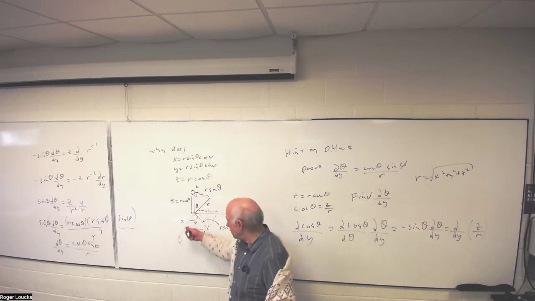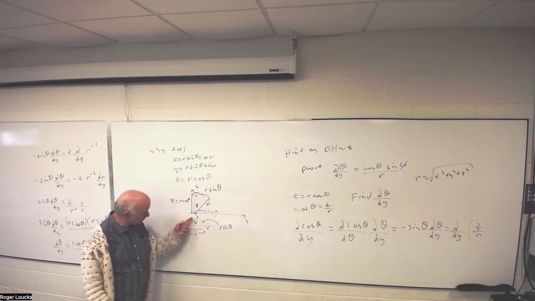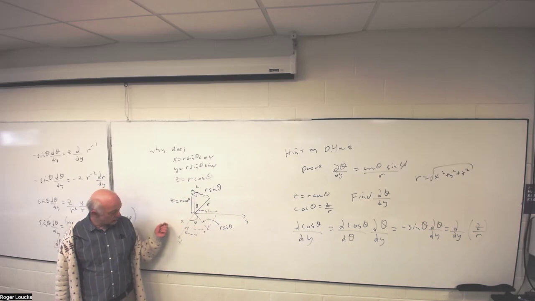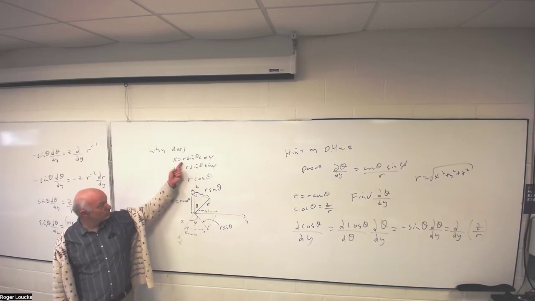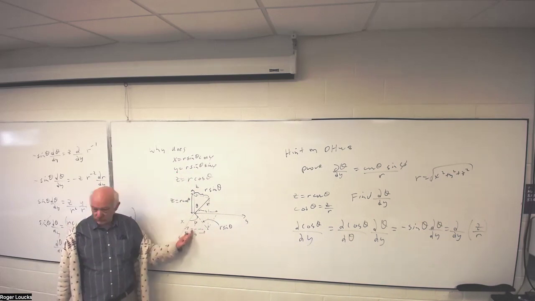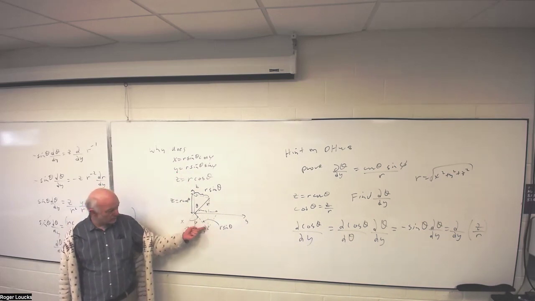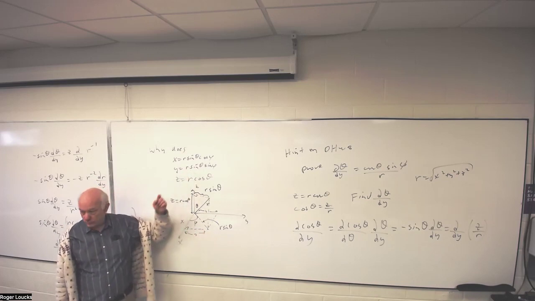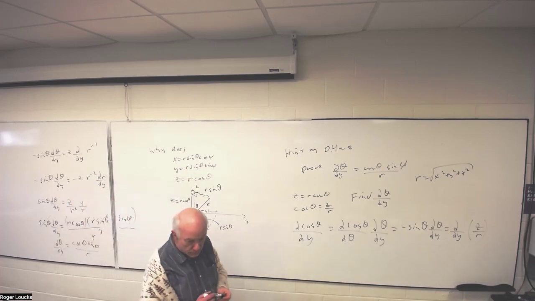If you want this x value here, it's going to be the hypotenuse times cosine of phi. But this side here, which is the opposite, is going to be the hypotenuse times the sine of phi. Okay.